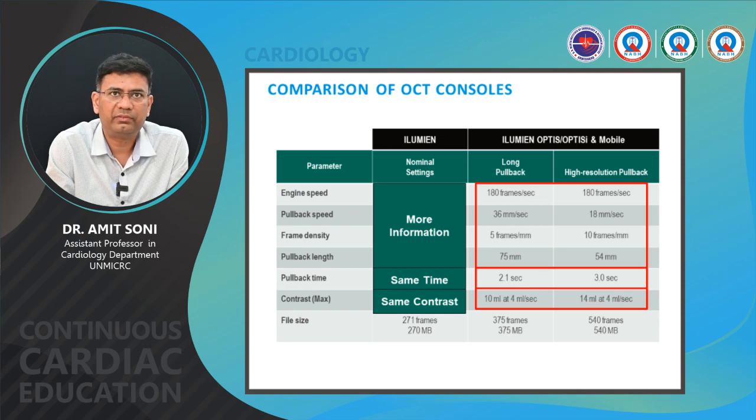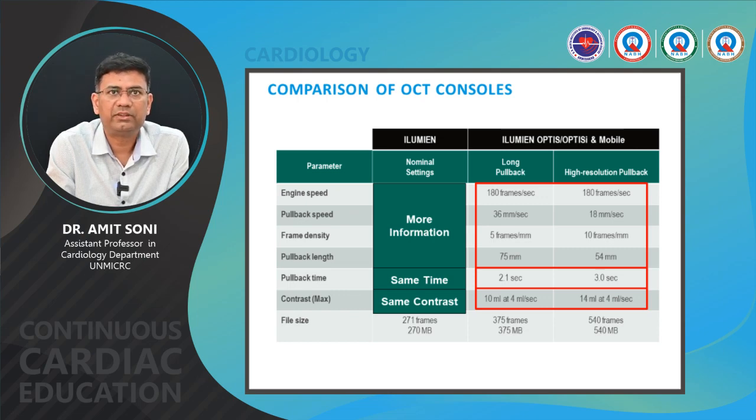Frame density is 5 frames per millimeter, and in a high resolution pullback Illumin Optis system it is 10 frames per millimeter. Pullback length was 54 in Illumin, while it is 75 in long pullback Illumin Optis catheter.